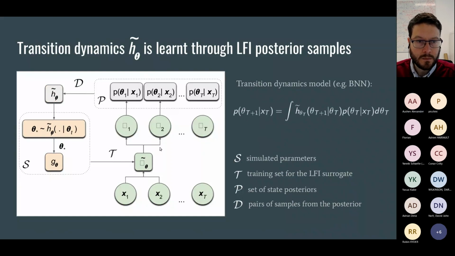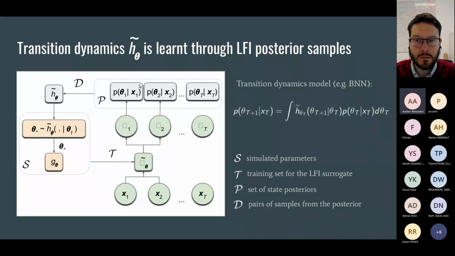For instance, we can use a Bayesian neural network as such a transition dynamics model, which is trained in an autoregressive fashion using the samples from the likelihood-free inference posteriors.